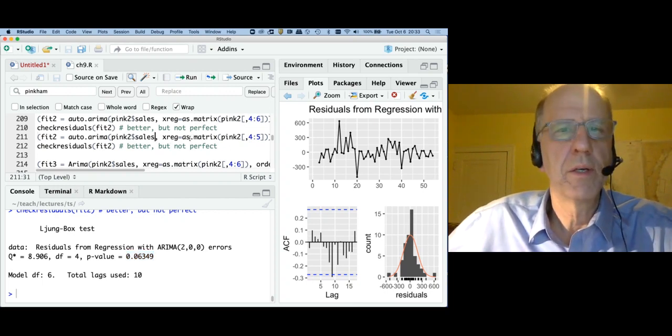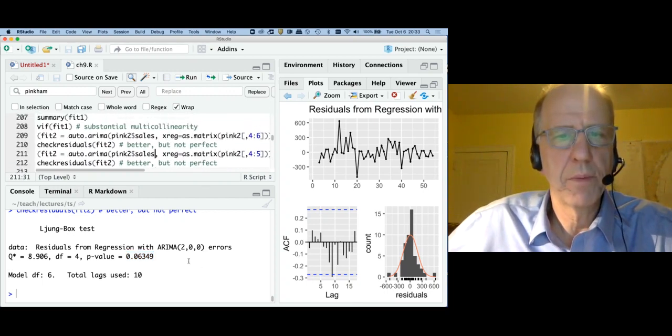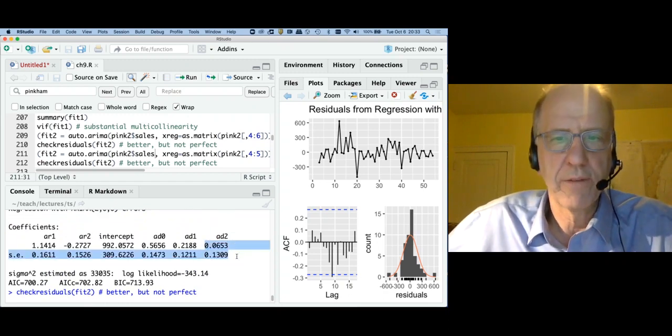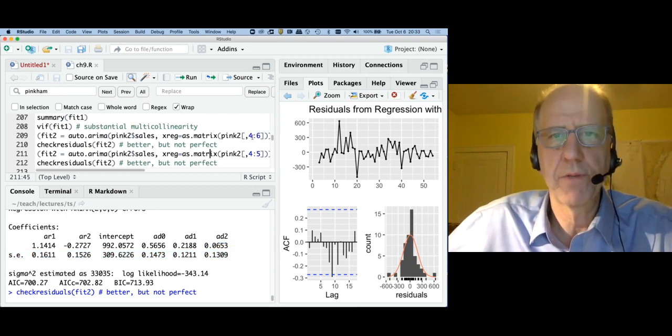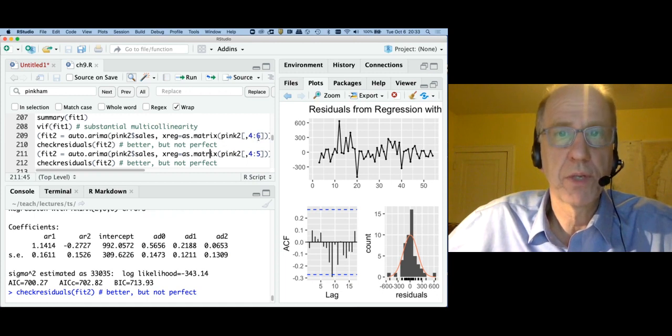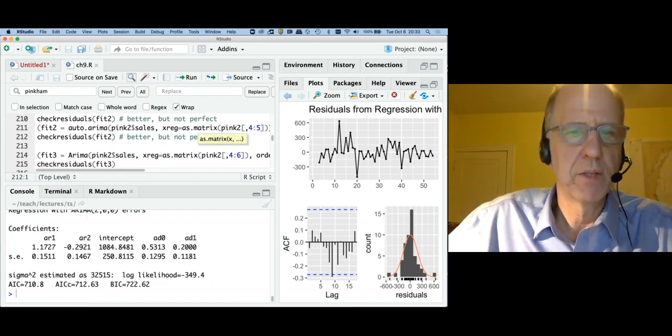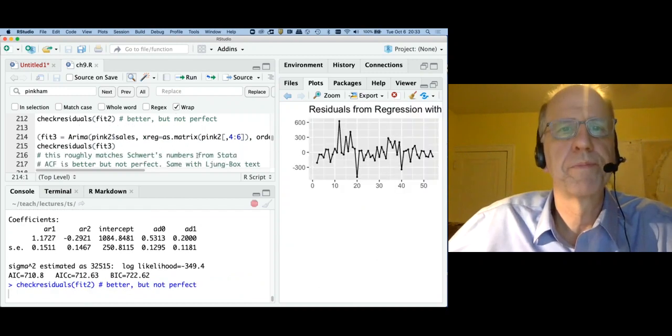We could, just eyeballing this, I see this last lag is nowhere near significant. So I might try dropping that. Notice I've gone from columns 4 through 6 as predictors to just columns 4 and 5. And so let's go look at our residuals.